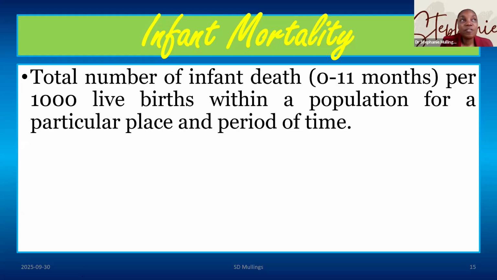And we are making reference to all those other persons in that period of time who are born and are born alive. Note it is per the number of live births. And why is that so? We can have total births, which would really encompass live births and stillbirths, and stillbirths are not counted when we are making reference to infant mortality rates.